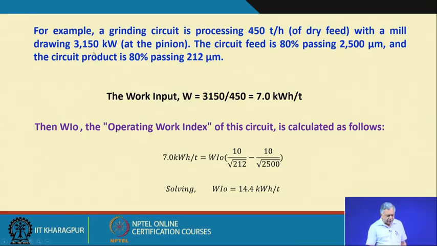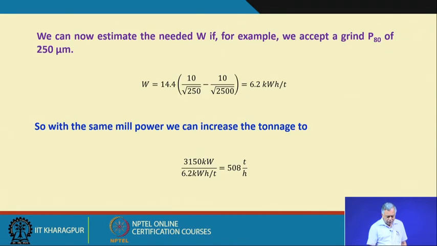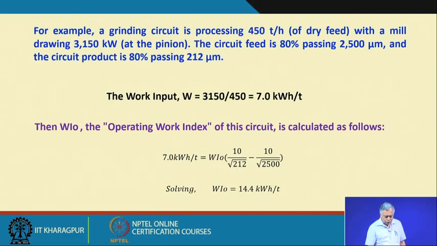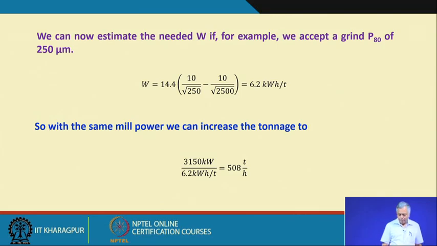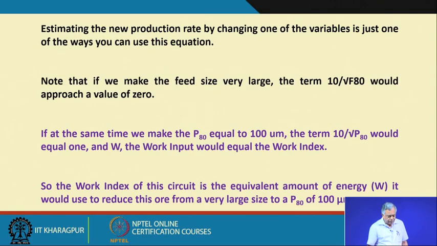Keeping the energy consumption fixed, we can increase the capacity of my mill by more than 10% by increasing a little bit of your product size distribution from 212 micrometer to 250 micrometer. Estimating the new production rate by changing one of the variables is just one of the ways you can use this equation. It is one of the applications.